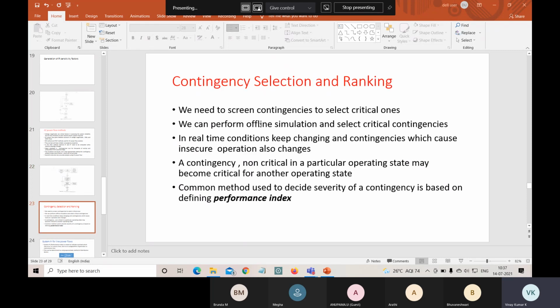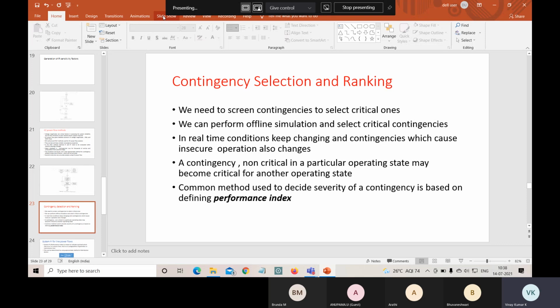So now today I'm going to discuss contingency selection and ranking. As we discussed about contingency analysis, for that we need selection and ranking procedures.